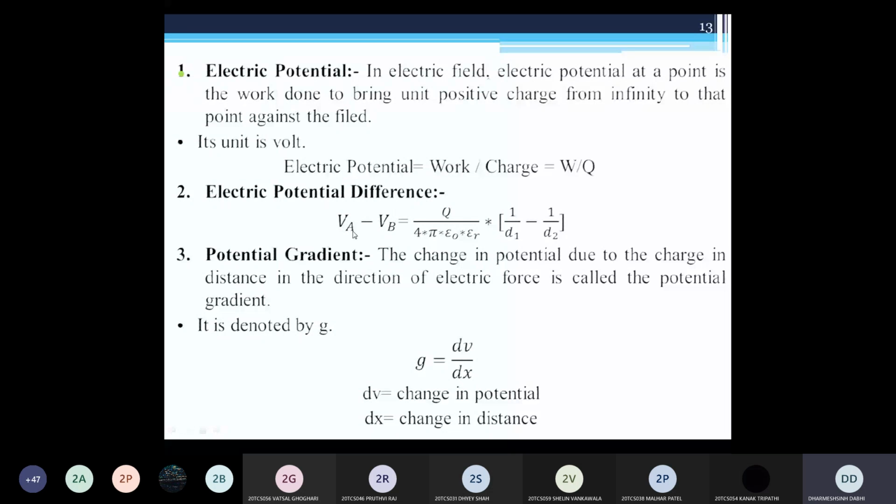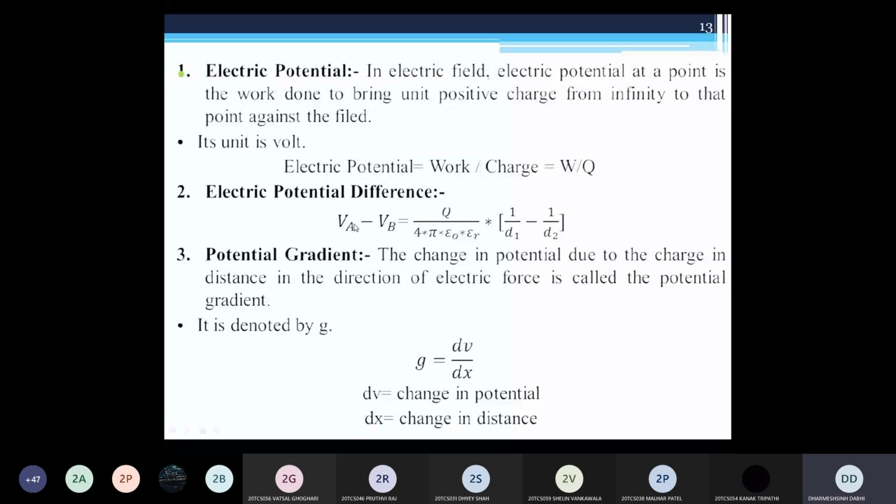So the difference between the electric potentials at A and B is VA minus VB. Clear? So that equation we can write like this: Q divided by 4 pi epsilon 0 epsilon R into 1 upon D1 minus 1 upon D2.